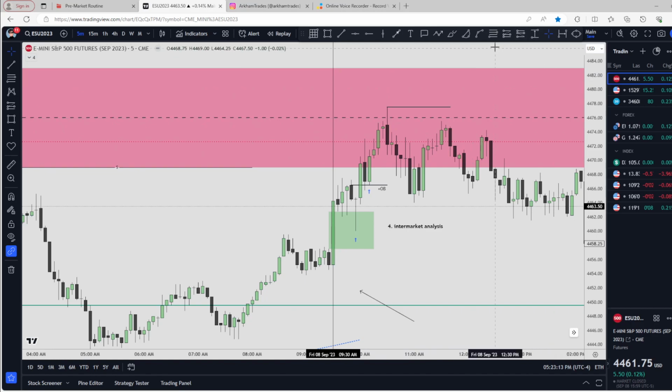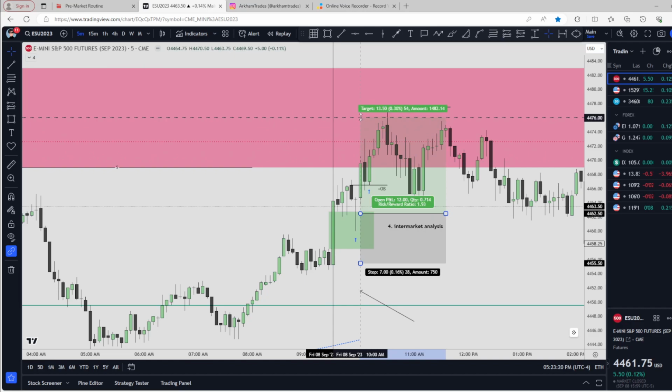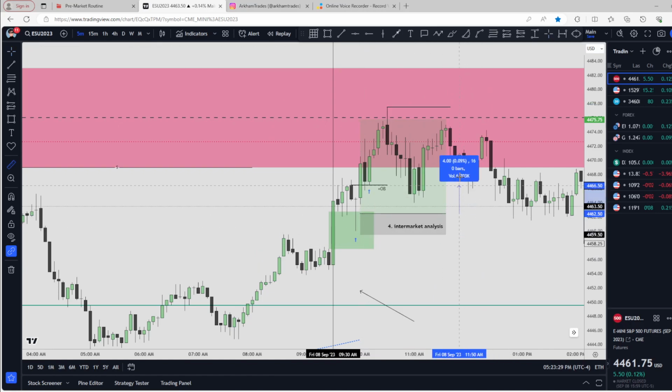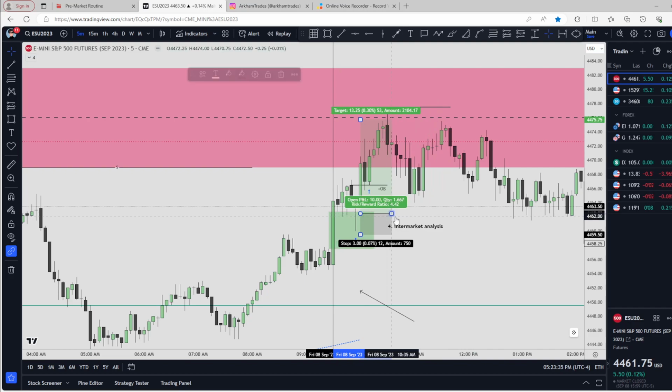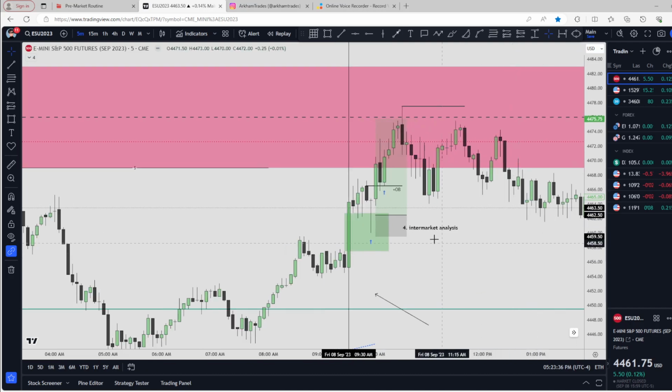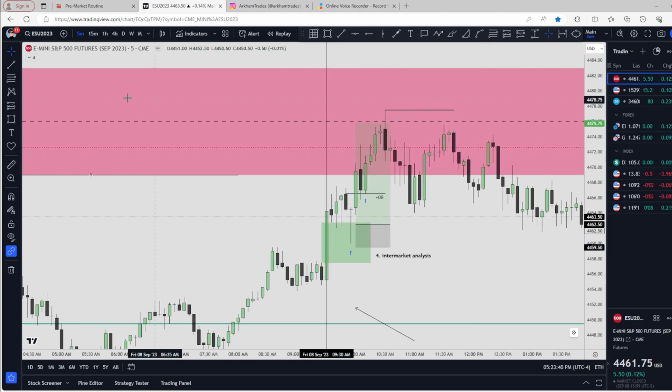And I ended up getting out right here, with my stop down here, for about 13.5 points. And that was the trade idea.